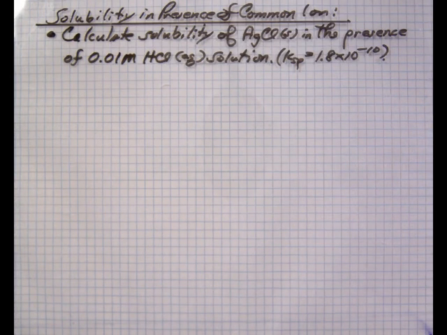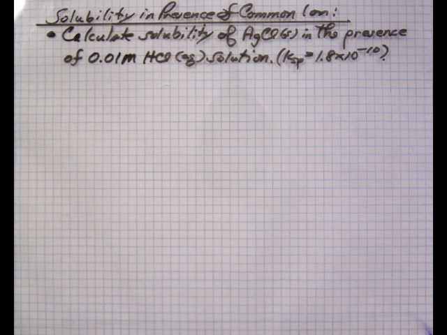Now let's calculate the solubility of the same silver chloride in the presence of a 0.01 molar hydrochloric acid solution. KSP is 1.8 times 10 to the minus 10. Now, in calculating solubility in the presence of a common ion, you cannot use the freshwater solubility formulas that we have been deriving.